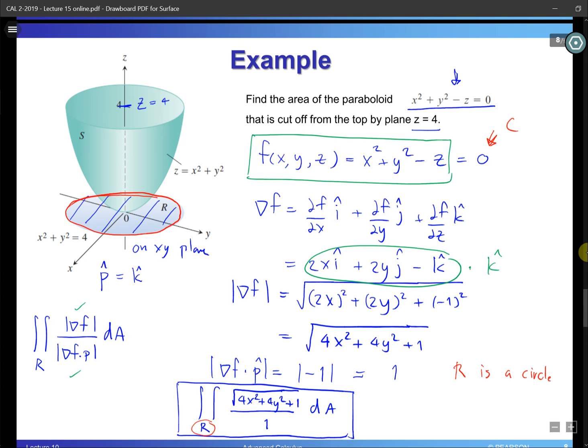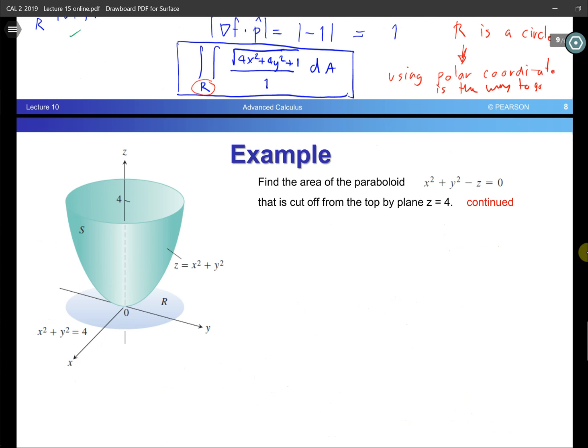When the domain region is a circle, using polar coordinates is the way to go. So instead of staying with x and y, we are going to move to r and theta here.